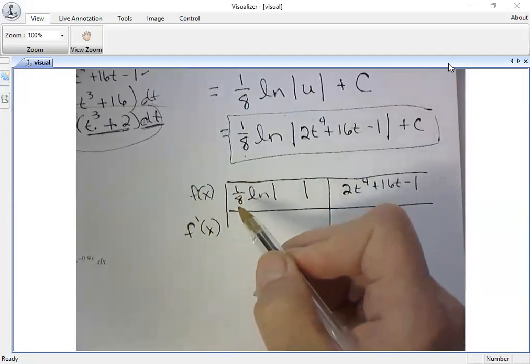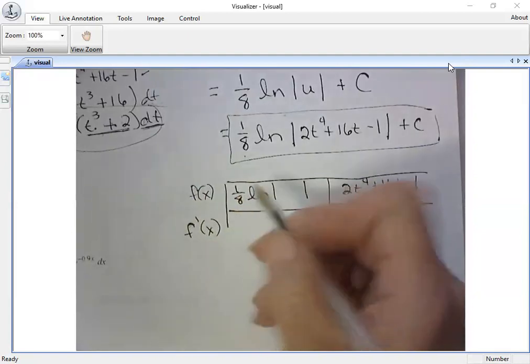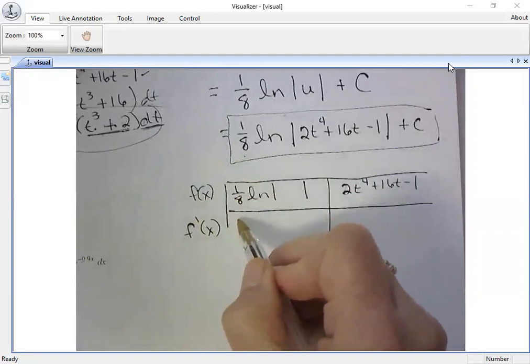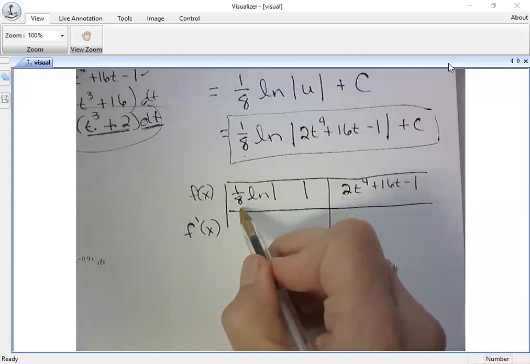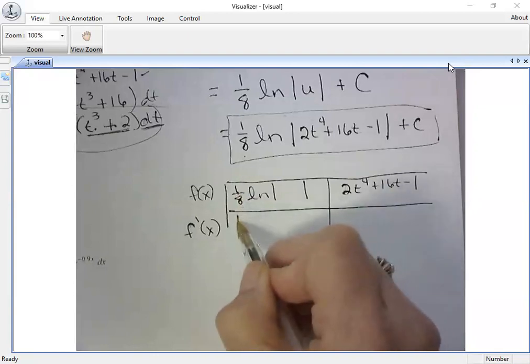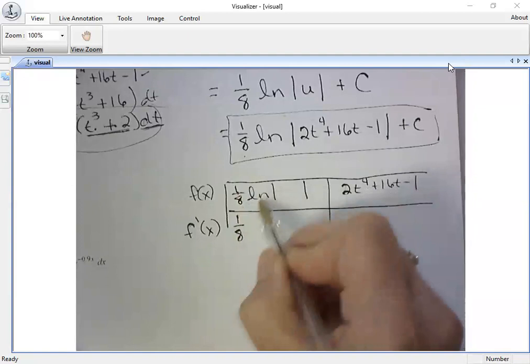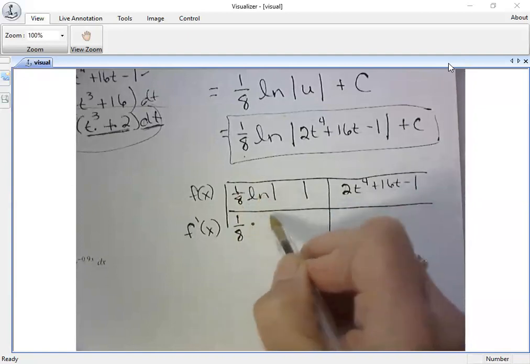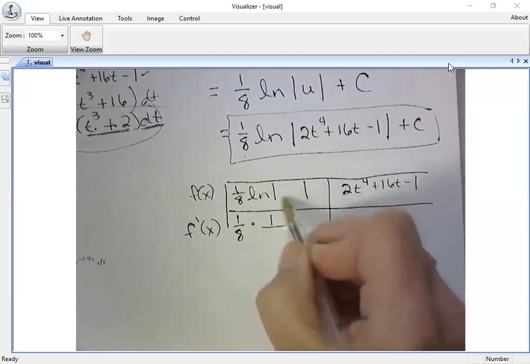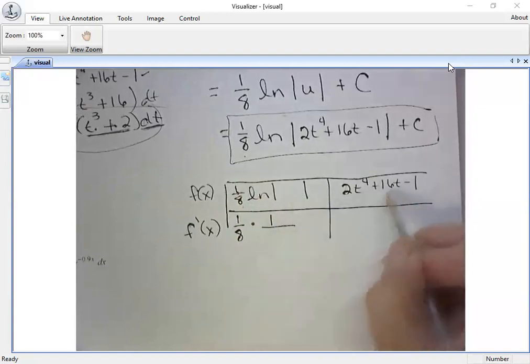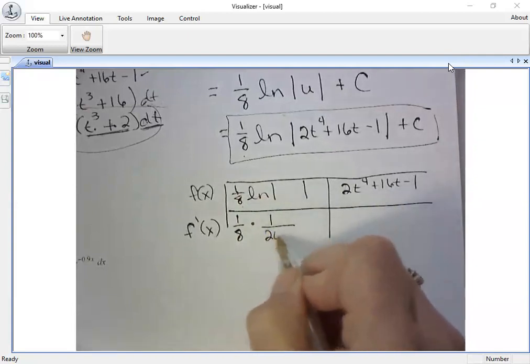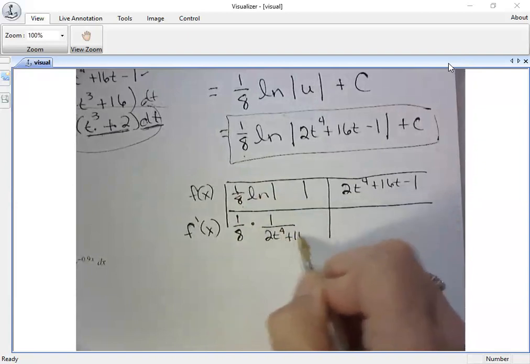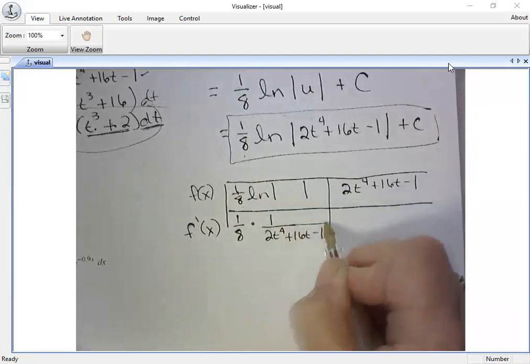1/8 times the natural log of x would differentiate as what? Do I keep the 1/8? Yes, I do. And then how do you differentiate the natural log of x? It becomes 1/x. Now the x is whatever's inside the absolute value bars, and that's the 2t to the 4th plus 16t minus 1, right?